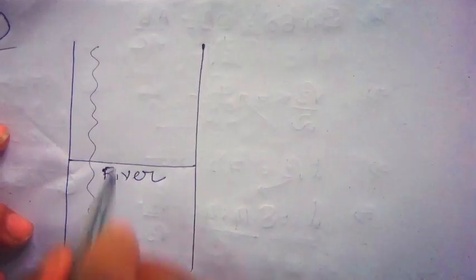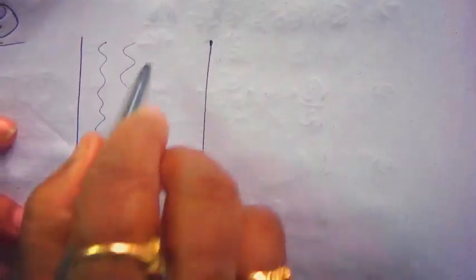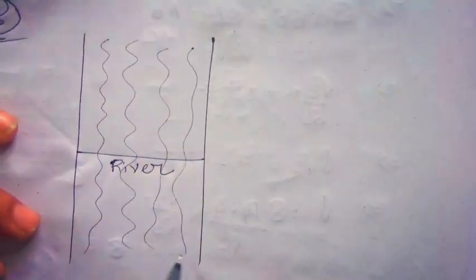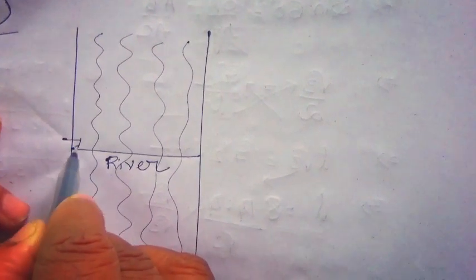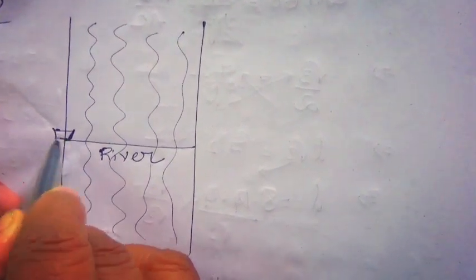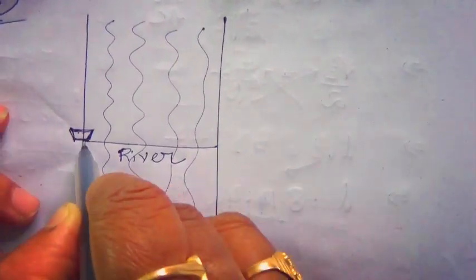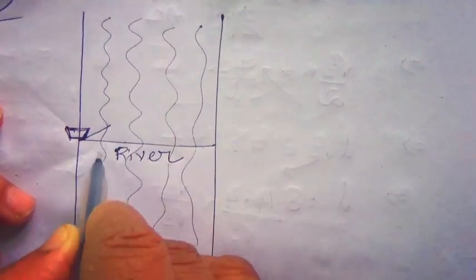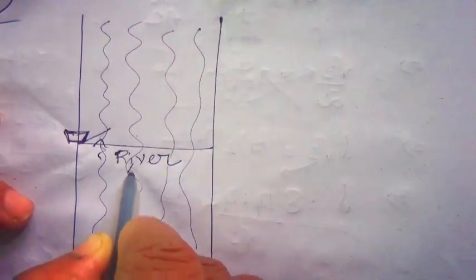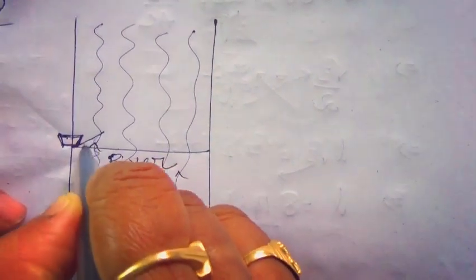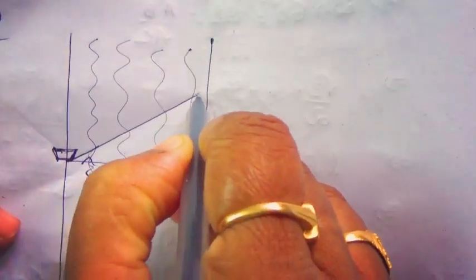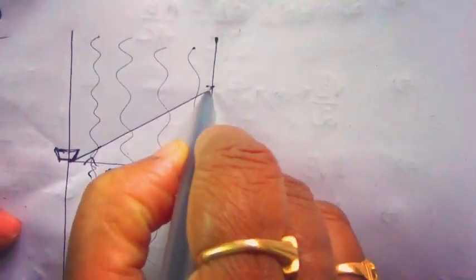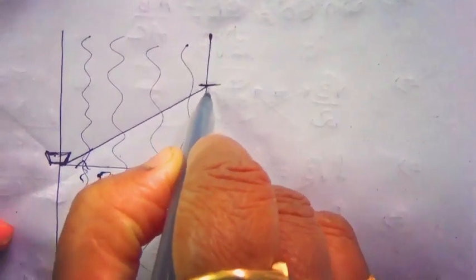But we have some stream, the waves were moving like this, right? But the boat is moving from one bank of the river to another bank because of the stream. So the boat was moving like this. Okay, this is another point of the bank of the river.